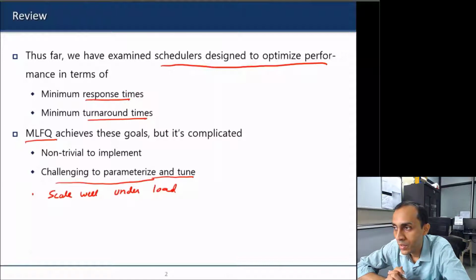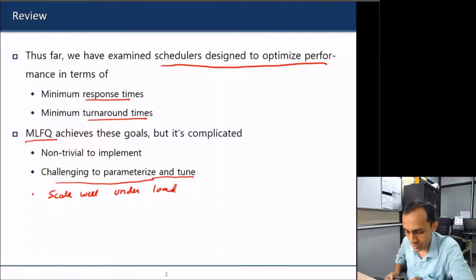If you benchmark and time the amount of time taken by different modules of the OS, you will find that the scheduler does take a significant amount of time, and so it will crumble if the load increases. If the number of processes increases, then scheduling time may increase. So it may not scale well under load.